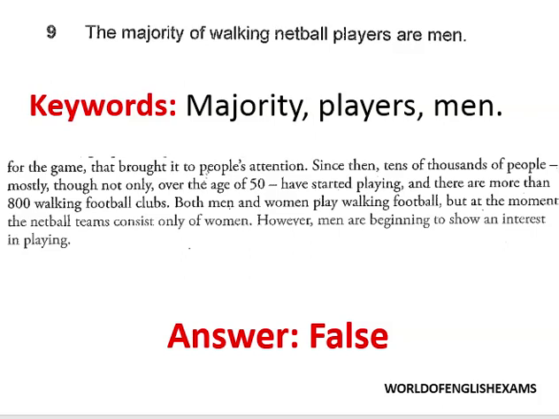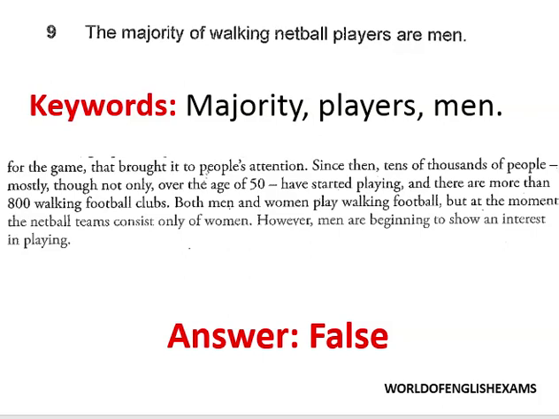And more than 800 walking football clubs, both men and women, play walking football. So both the genders play this game, but at the moment the netball teams consist only of women.